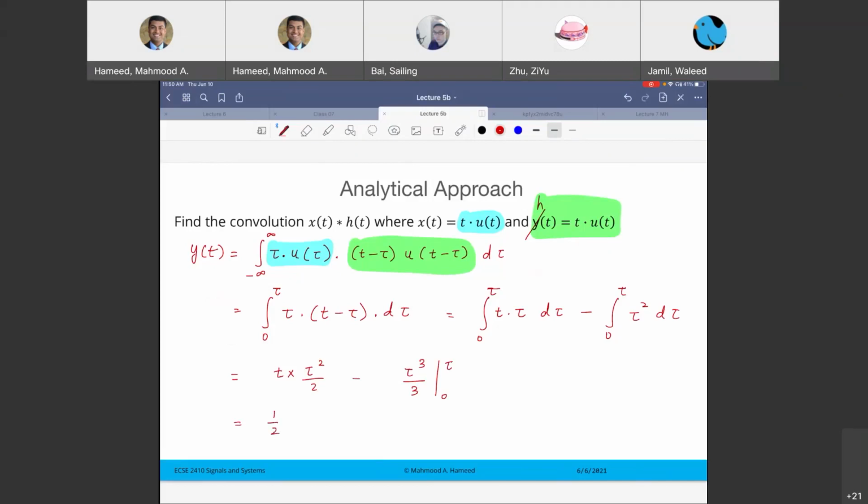Half times t times tau squared. Oh, hold on. I did something wrong here. Oh, this is t. That is t. That is t. What else is t? Yes. All right. So now it's okay.